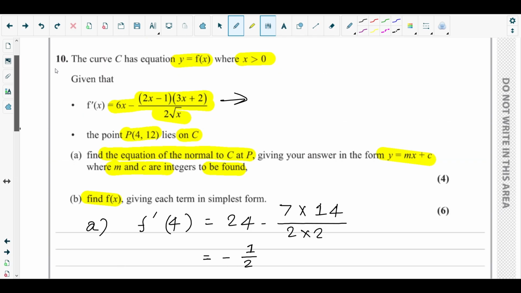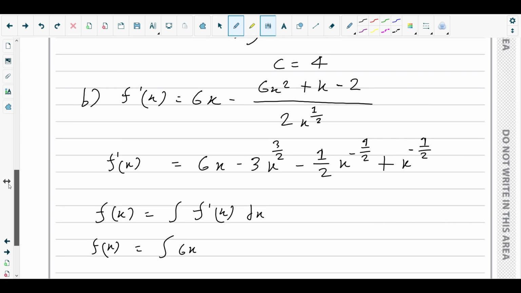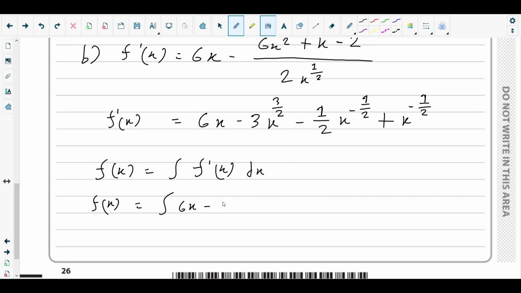What was the equation of f dash x? 6x minus 3x to the power 3 over 2 minus half of x to the power negative half plus x to the power negative half, dx. So let's integrate.